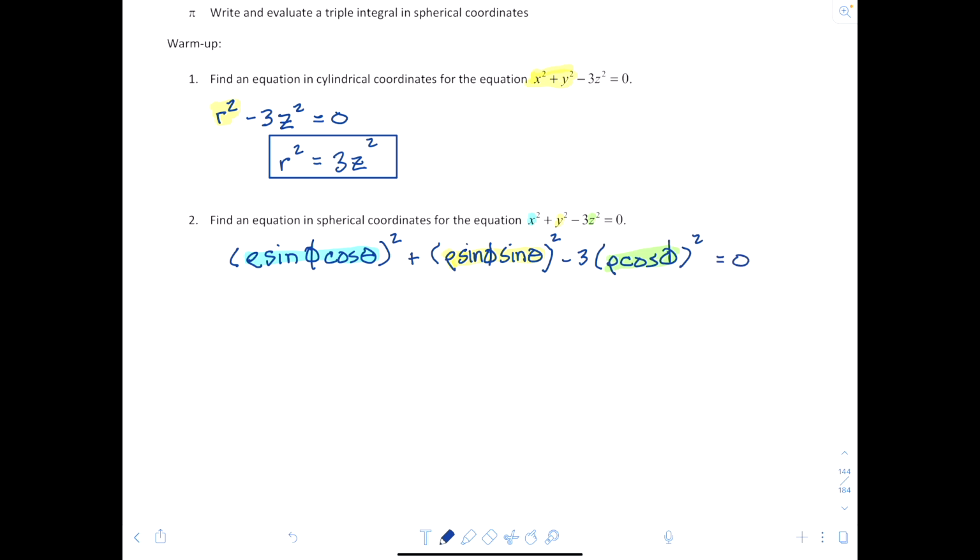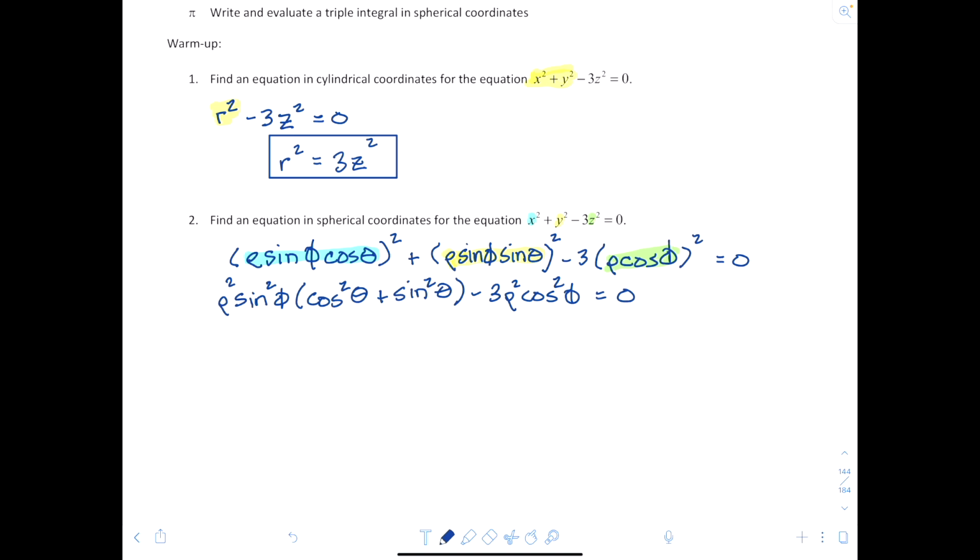So here we go. Notice that they all have a rho squared, but what I'm looking at here is that with the first two terms we're going to be able to factor out a rho squared and also a sine squared phi, and then we'd have remaining cosine squared theta plus sine squared theta, and then we will have minus 3 rho squared cosine squared phi, and that's all equal to 0.